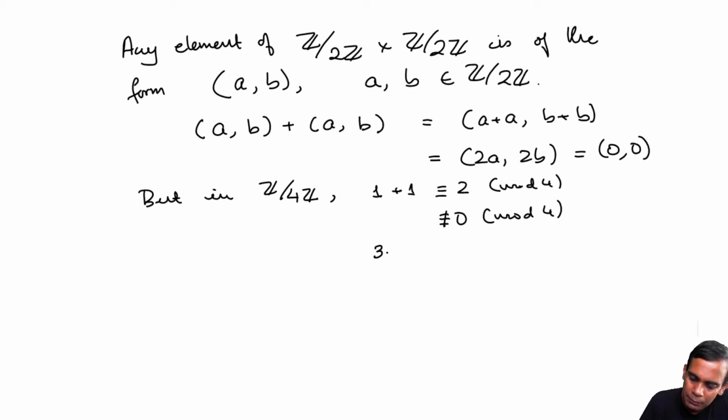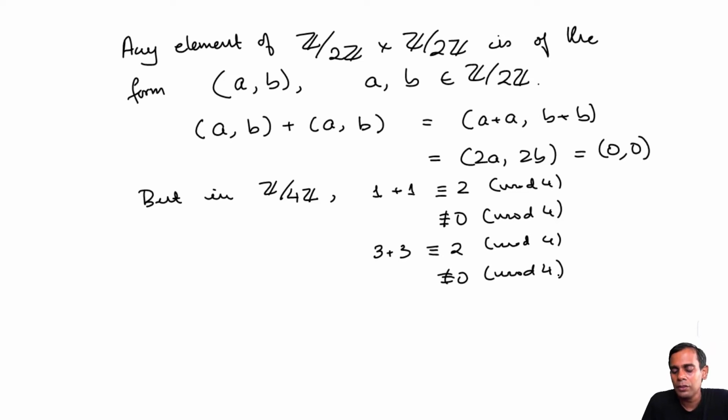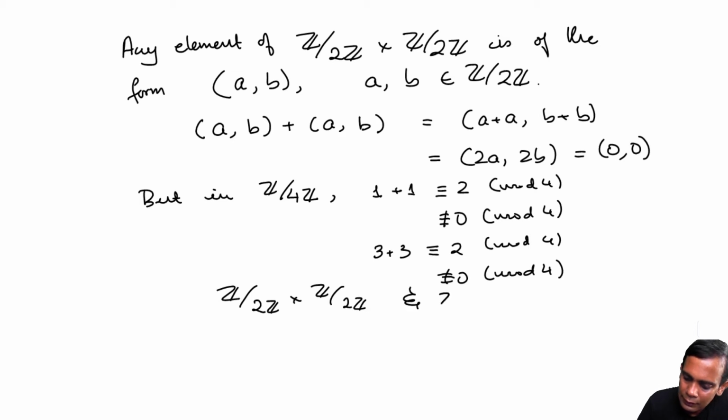And 3 plus 3 is 6, which is 2 mod 4, which is not 0 mod 4. So these two groups, Z mod 2 cross Z mod 2 and Z mod 4Z, cannot be isomorphic.